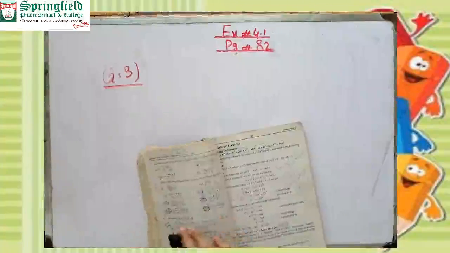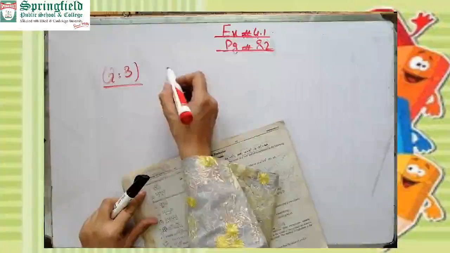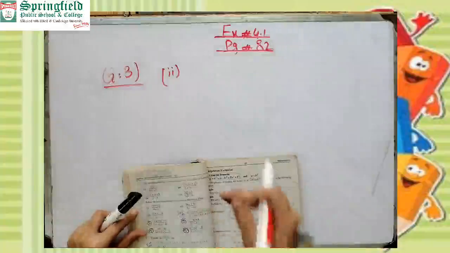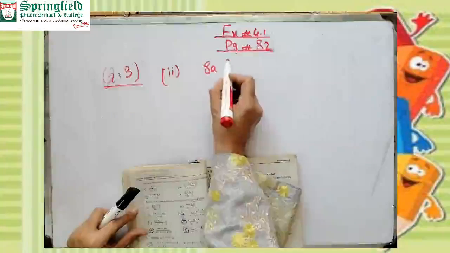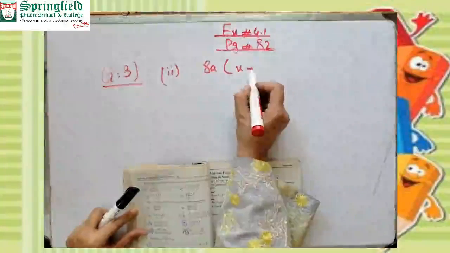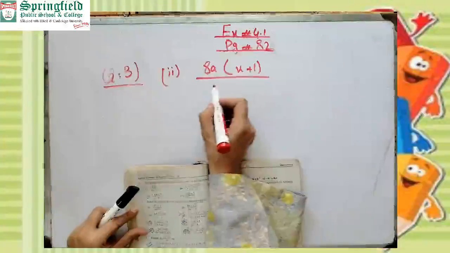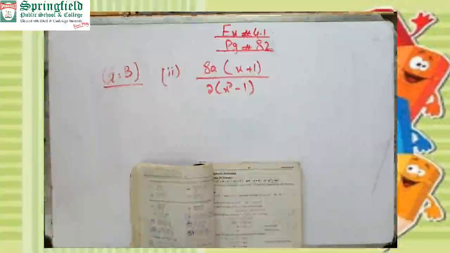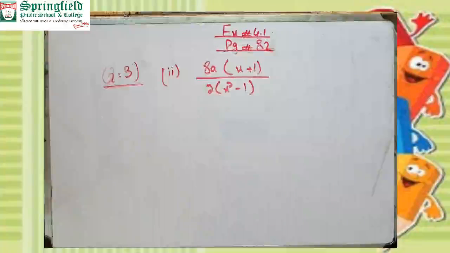So the second part, I will do only one or two parts, and the rest of the parts you will do yourself. Fine. 8 times x plus 1 divided by 2x square minus 1. Now how can we solve this question?